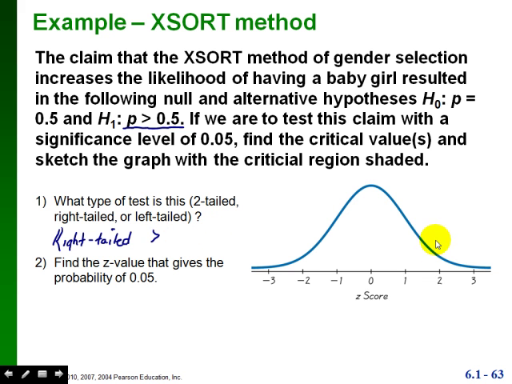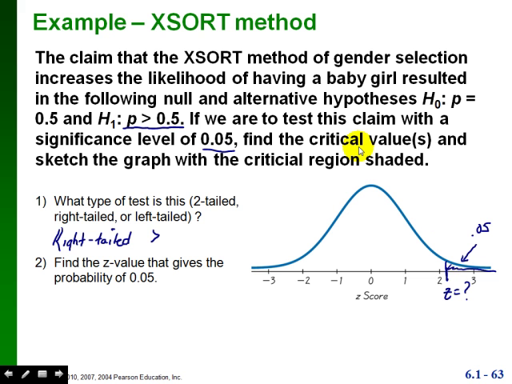So what we would do in order to find our critical value is that we would go back and see what alpha was. Alpha was 0.05. That means we want to have 0.05 as an area in the right tail of our distribution. So we want this area right here to be 0.05. And what we're looking for as our critical value is our cutoff value for z.